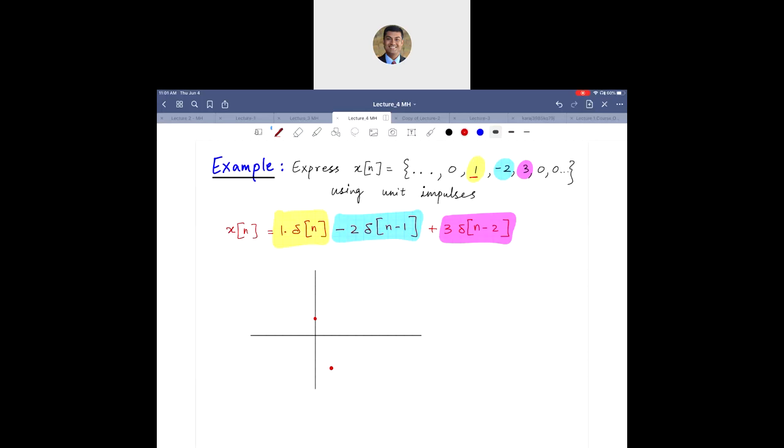Then I have 3 on the other side. Everything else is 0. I think you get the idea now.